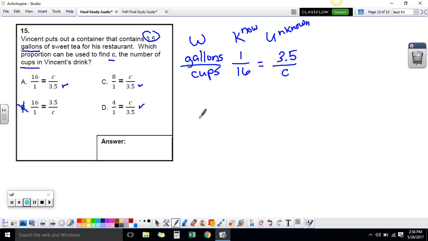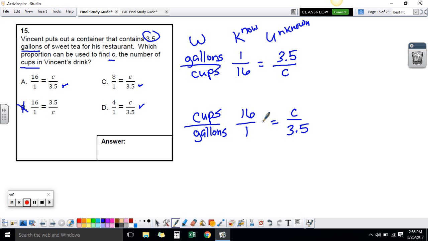Let's switch it. Let's say I wanted to put cups on top and gallons in the denominator. Same thing. Keep your numbers to match your words. 16 cups in 1 gallon, unknown amount of cups in 3.5 gallons. Okay, so as long as you've got your words in the proper place and your numbers match them properly, you're going to be good to go.